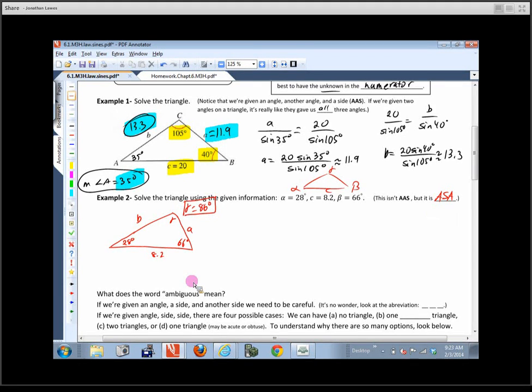Okay. And then would you go ahead and find side B or side A?